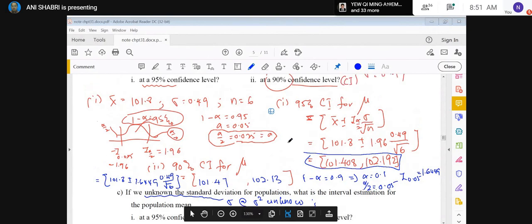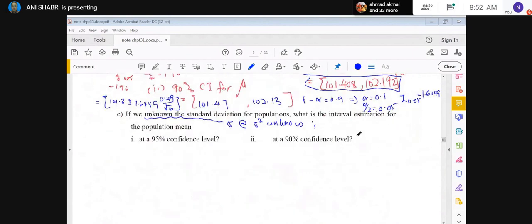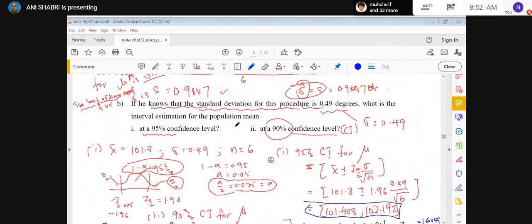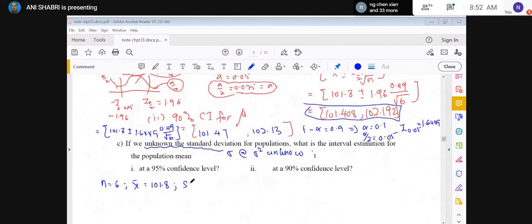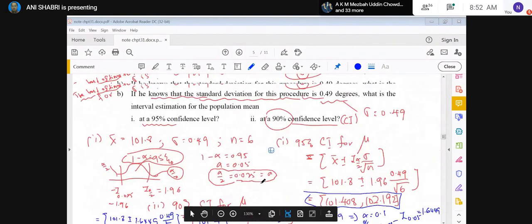The sample s is 0.984, and n is 6. X bar is the same, 1.8, and s is equal to 0.984.